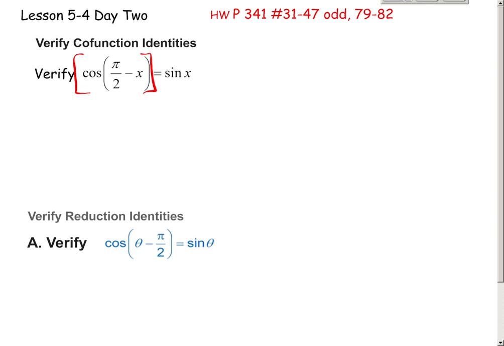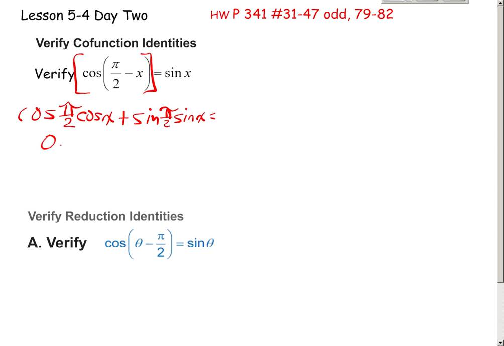So we can just use that identity to rewrite this as the cosine of pi over 2 times the cosine of x plus the sine of pi over 2 times the sine of x. Evaluating the parts of that we can, cosine of pi over 2, that would be cosine of 90, and the value of cosine there is 0.